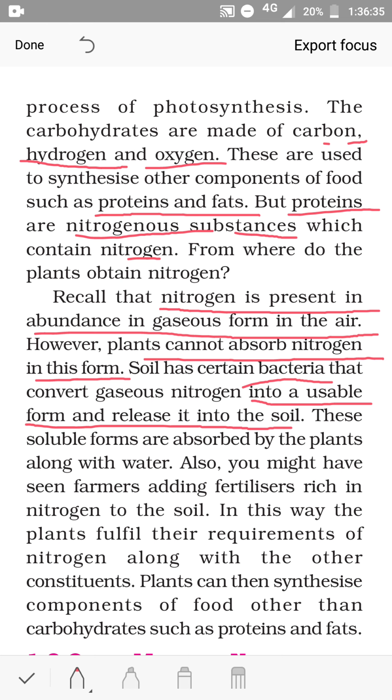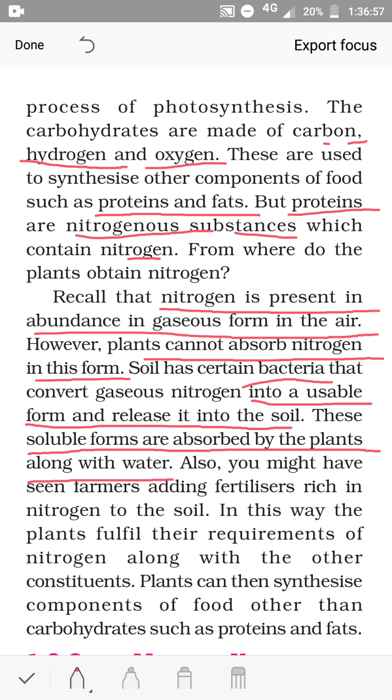These soluble forms are absorbed by the plants along with water.